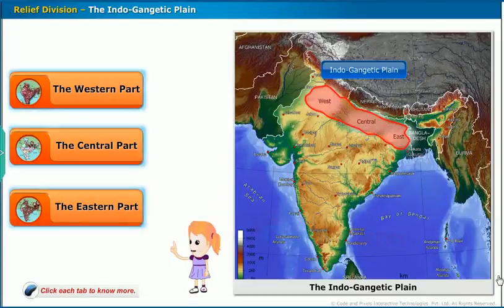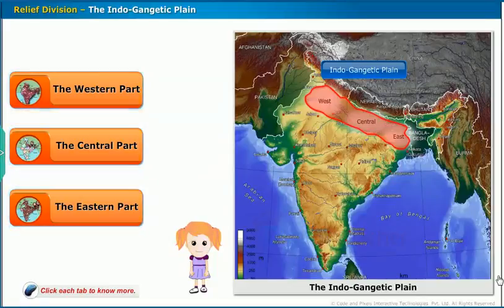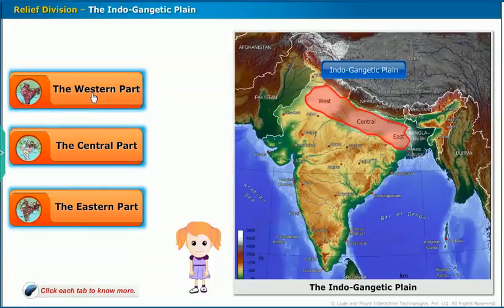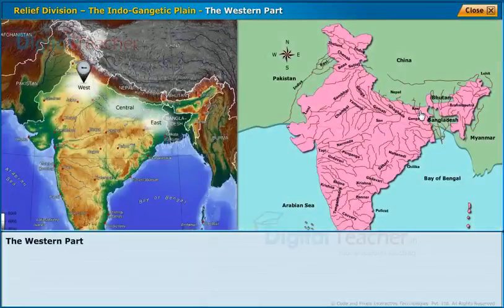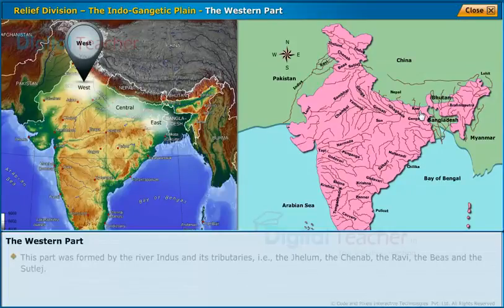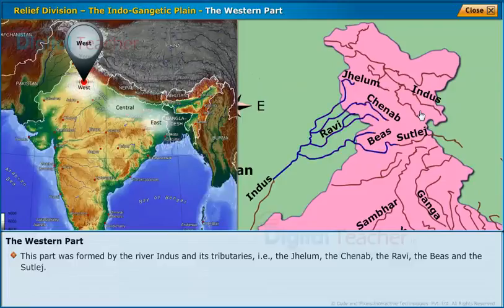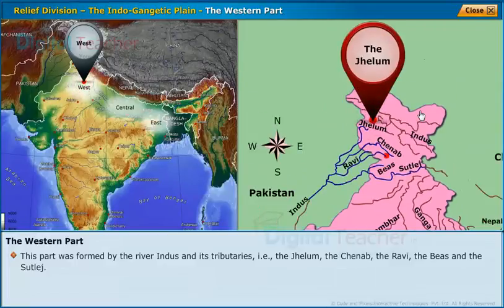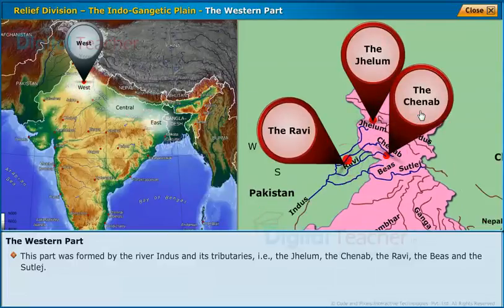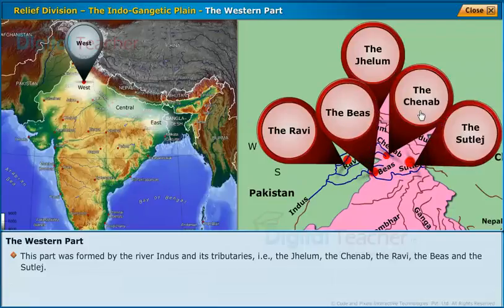Click each tab to know more. This part was formed by the river Indus and its tributaries, that is, the Jhelum, the Chenab, the Ravi, the Beas, and the Satluj.